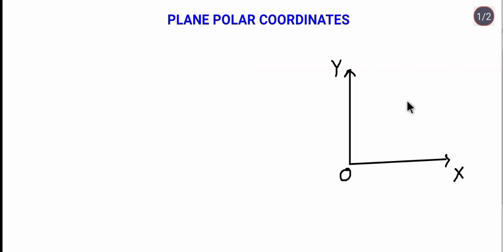Now let us consider a point P. The radial distance of this point P from the origin O is r vector. This is known as the radius vector.